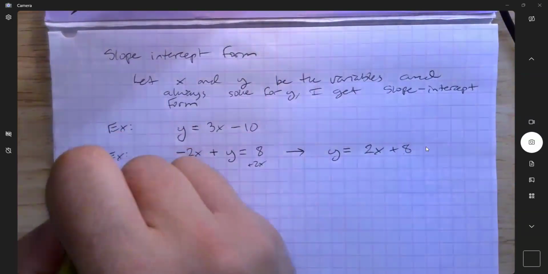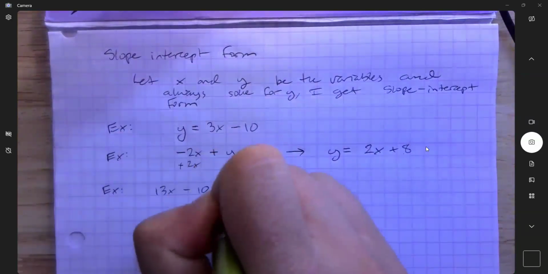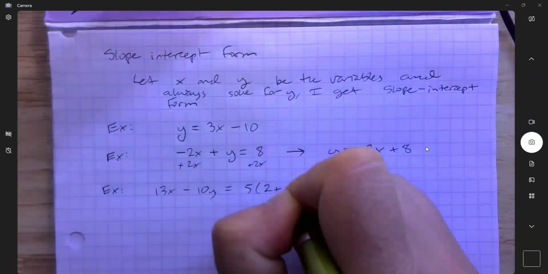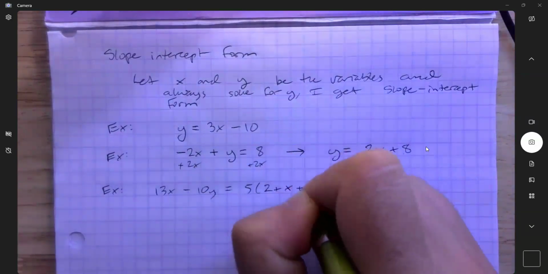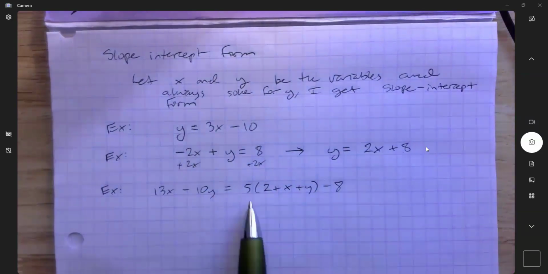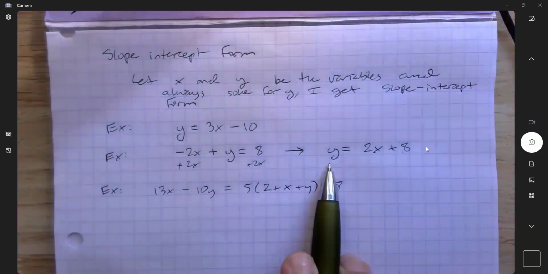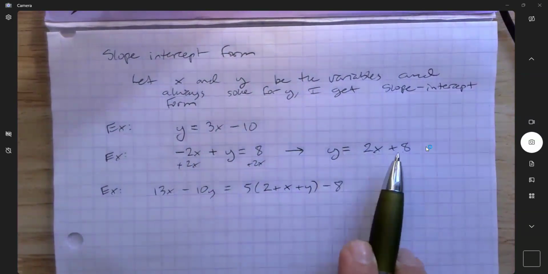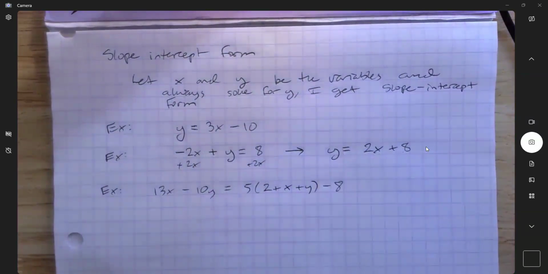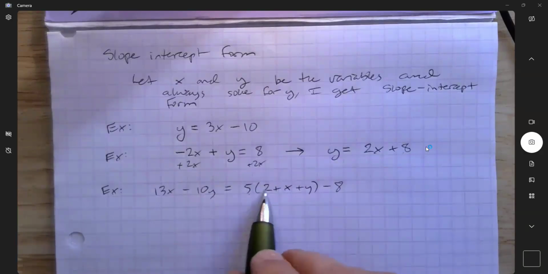Even if I have something complicated, like 13x minus 10y equals 5 times (2 plus x) plus y minus 8, I can solve this for y, and I will end up with y equals a number times x plus another number. So let's do it. This time I'm going to multiply through.